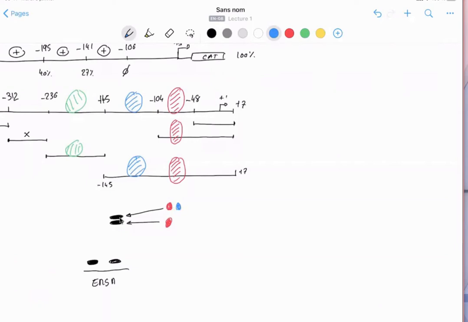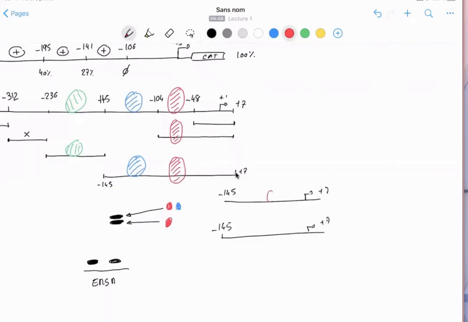But because we have two different shifts, it means that this fragment can be found with two different types of interaction. So it means that the fragment minus 145 T plus 7 can exist at the same time in the same cell with two different contexts.